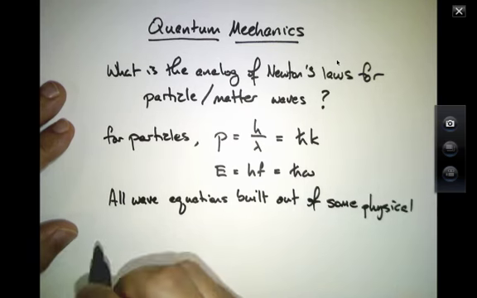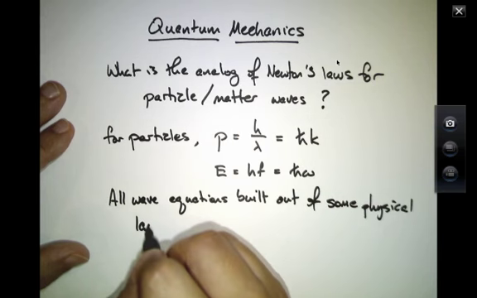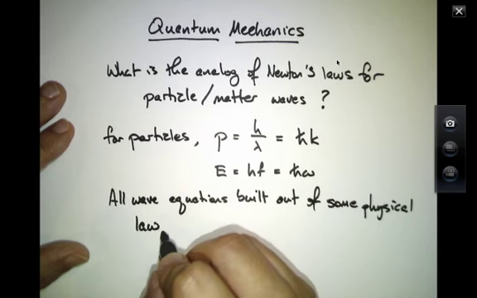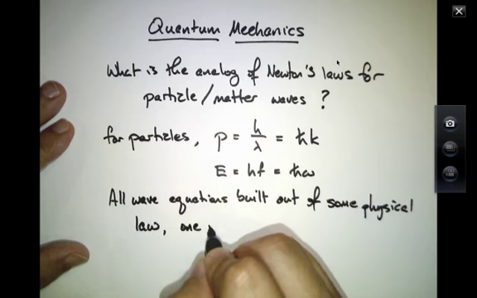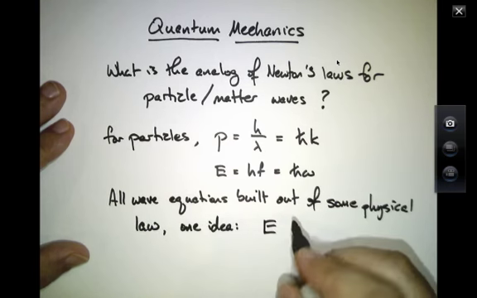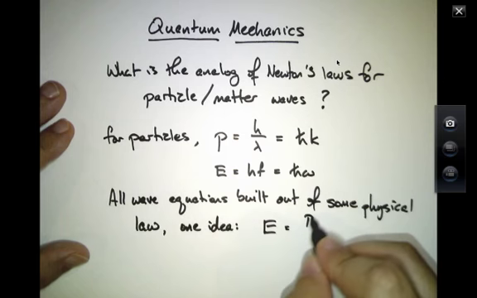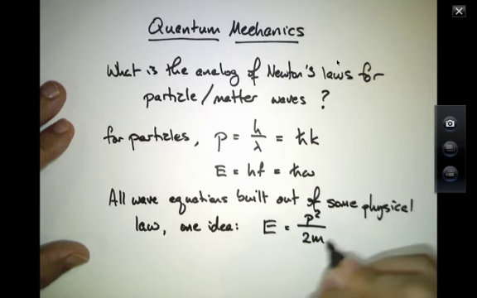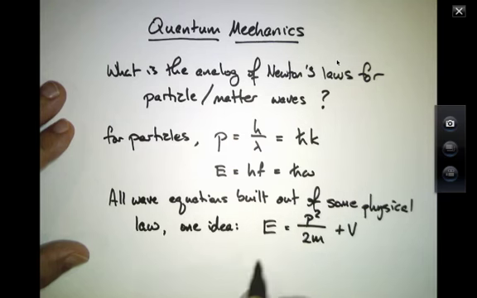So all wave equations are built out of some sort of physical law. And one idea would be that this would just express the total energy of a particle. That the total energy is kinetic energy plus potential.